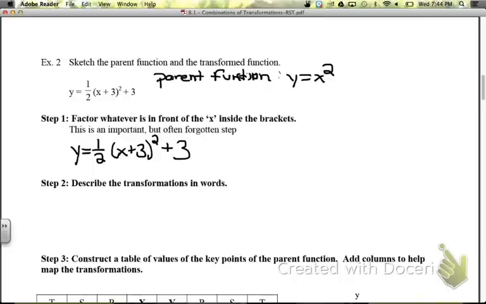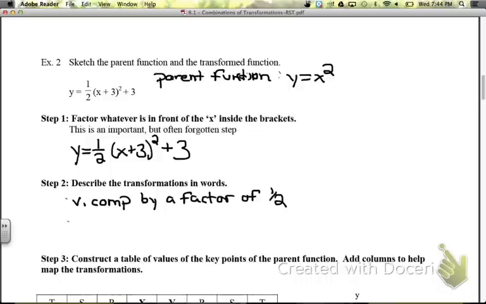Step 2, we want to describe the transformations in words. So our first thing that we have here is a vertical compression by a factor of 1/2.